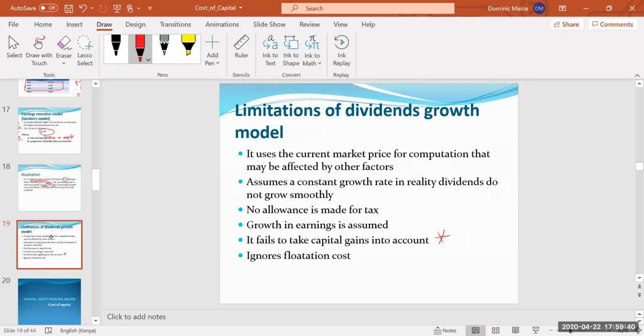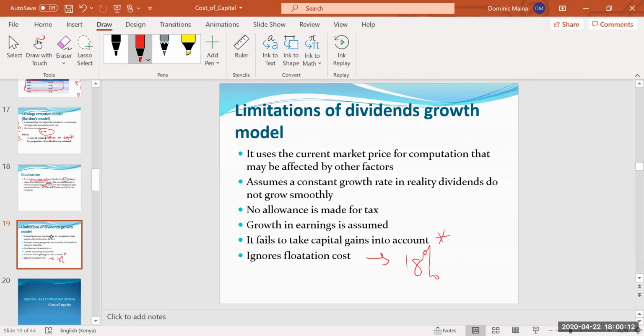And of course, it also ignores the cost of floatation. For example, in the example you have just concluded, the cost of equity is 18%. If the company was to go to the market and wants to get equity finance, then they must be promising the shareholder a return equal to 18%. However, don't forget, over and above that, the company also incurs some costs, for example the issue of the shares, which this model ignores.